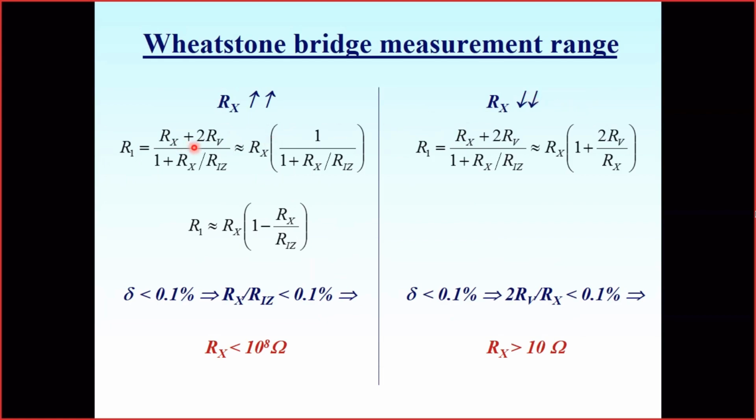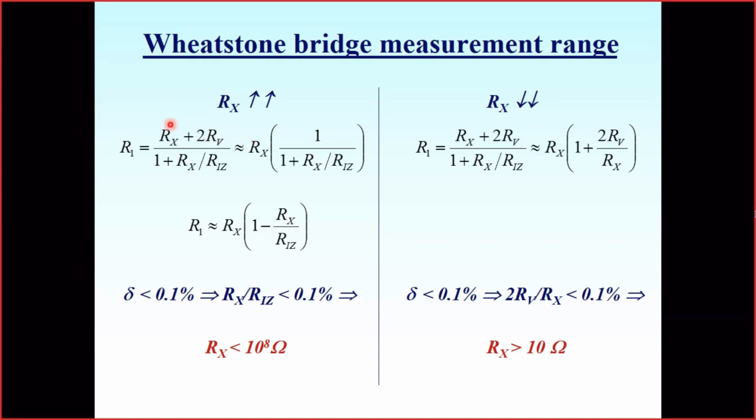If we consider this resistor Rx as high, I transform my formula for R1 a little bit. So the resistance R1, which is inside, connected to the bridge. I put out this Rx, and I just neglect this 2Rw because it is very small. It's the resistance of the wire, so I just neglect it.